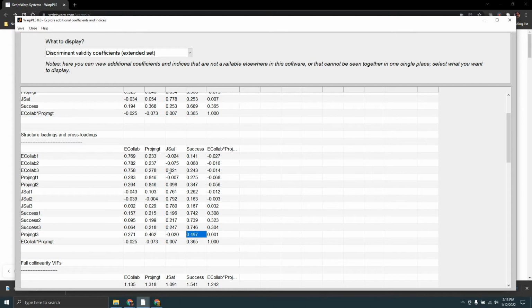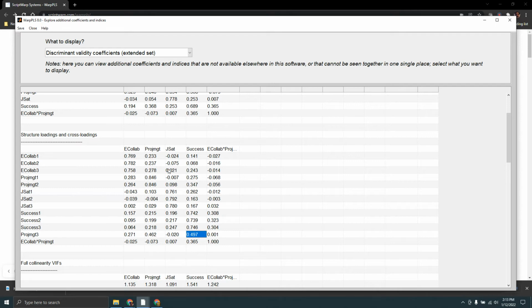So this highlights what I was trying to say before, that measurement model validation is a holistic endeavor because you may check for something and then pick up another problem.